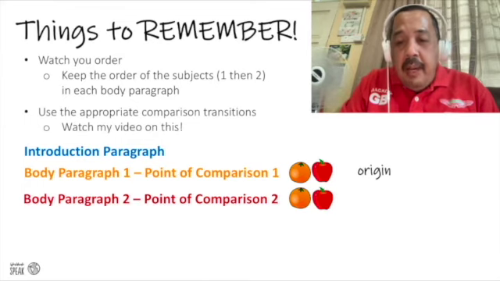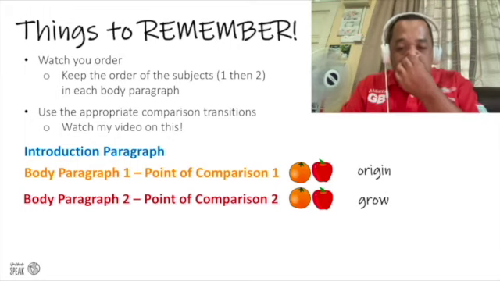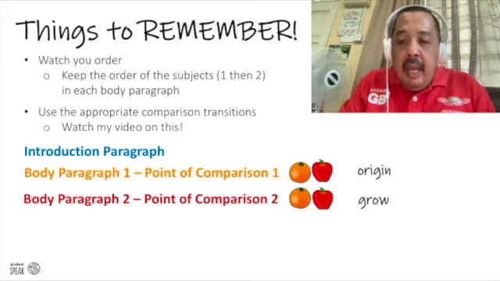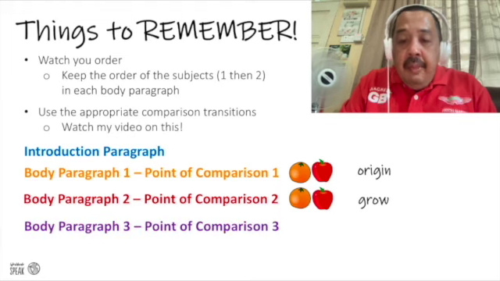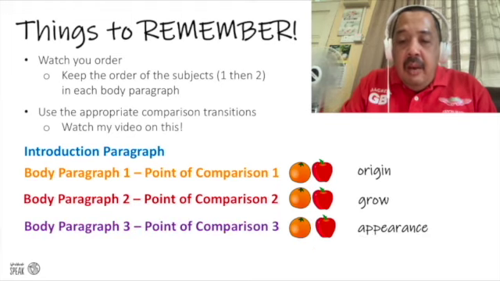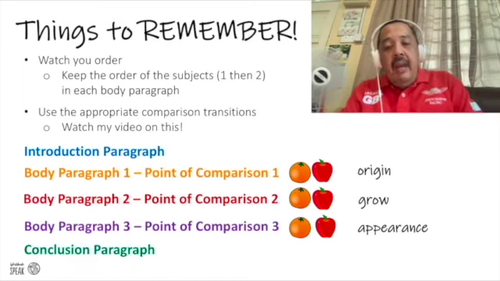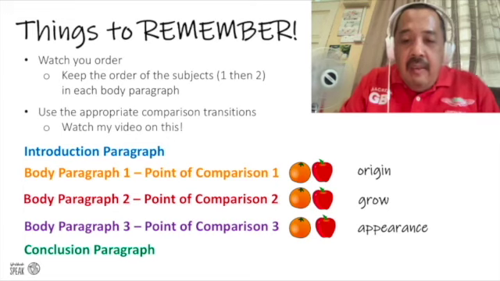Then body paragraph number 2 is the second point of comparison, and we mention the first thing and the second thing in the same order as we did in the first body paragraph. And then we have body paragraph number 3. Again, we keep the same order, and for us it was appearance and what they look like. And then you have the conclusion paragraph.